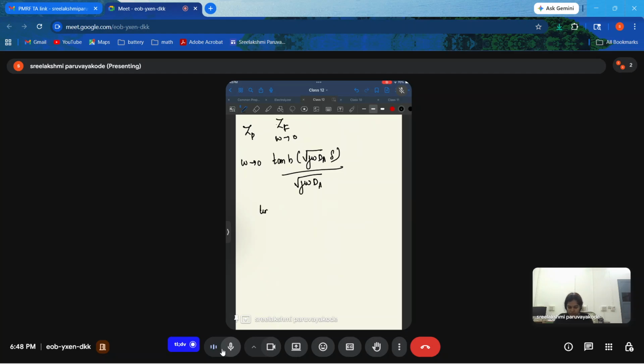So I am applying the limit omega tends to 0.